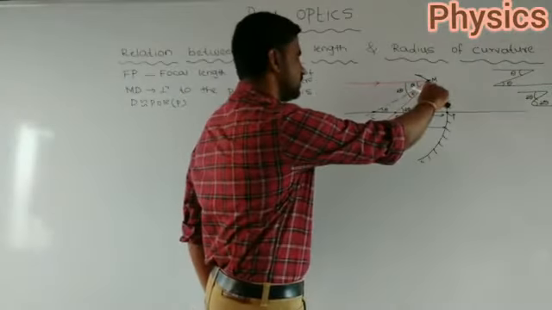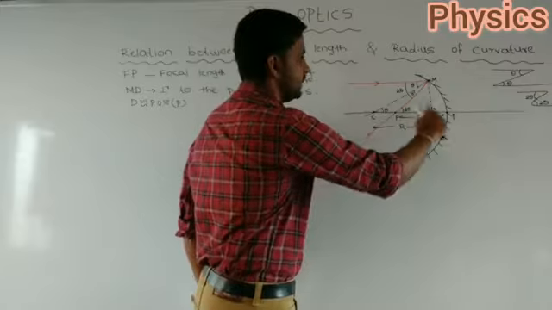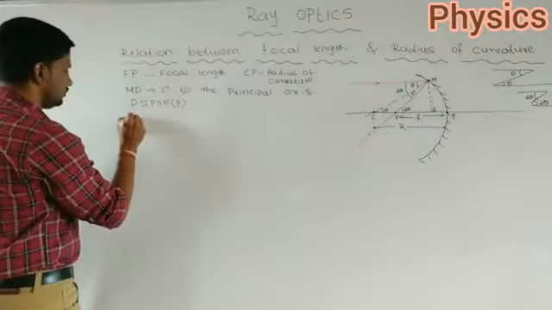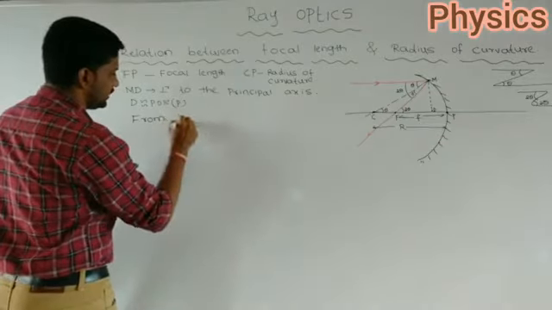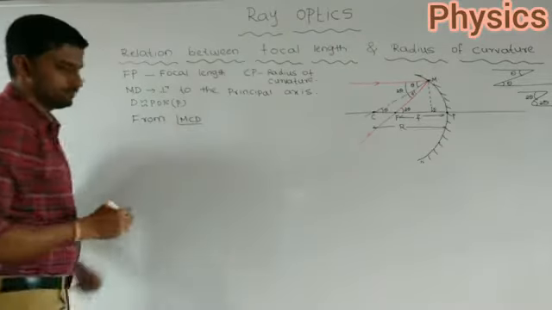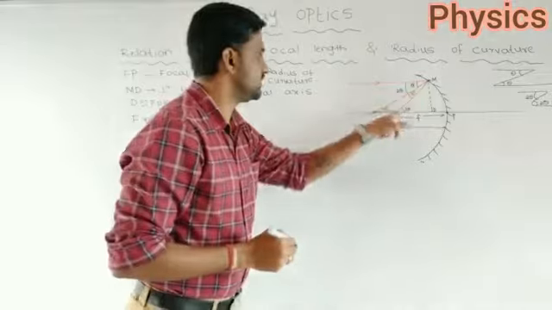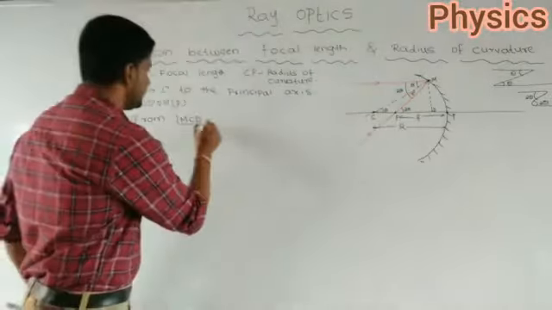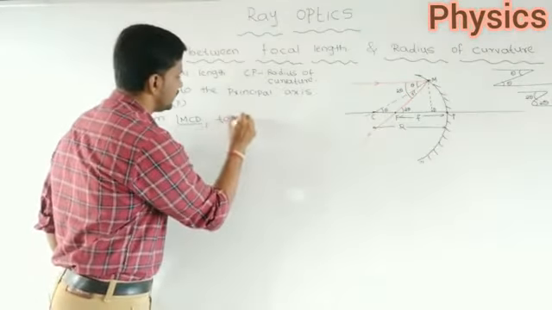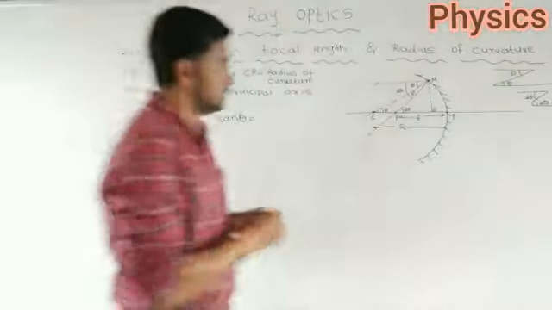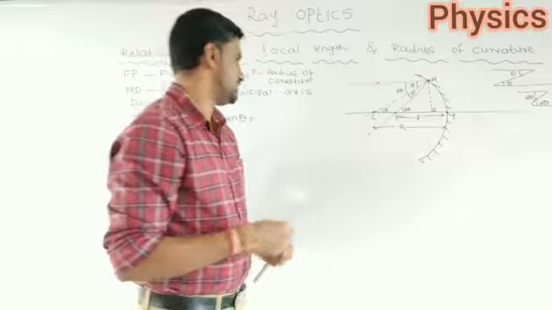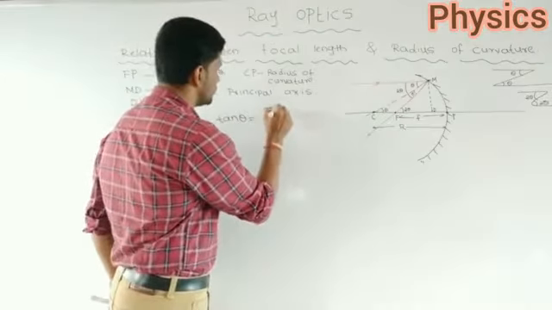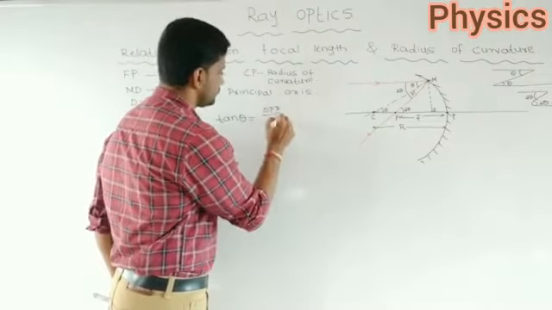Here, first I am going to take one triangle, that triangle is MCD. From triangle MCD, if you observe here, tan theta is equal to opposite by adjacent.